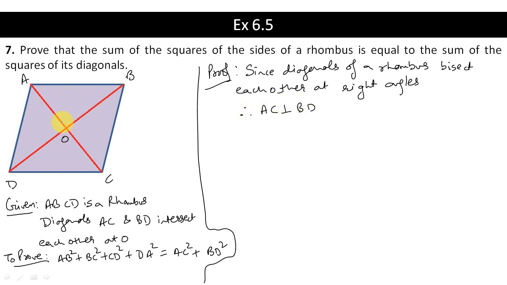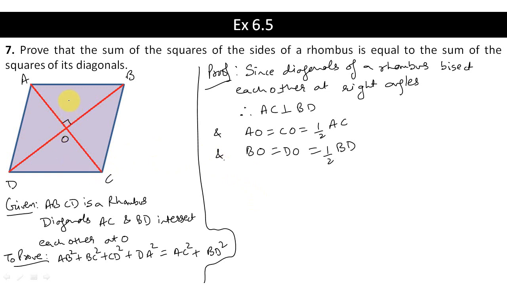This will be 90 degrees. And AO will be equal to CO will be equal to half of AC because both the diagonals bisect each other. And BO will be equal to DO will be equal to half of BD. This is the property of a rhombus. Both the diagonals are perpendicular and both the diagonals bisect each other.